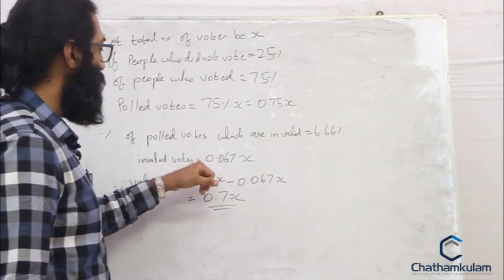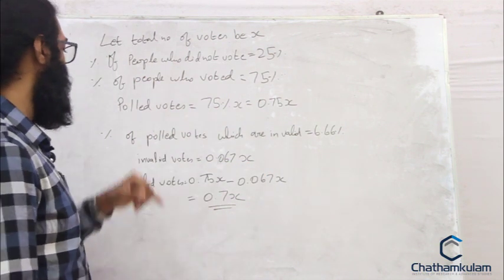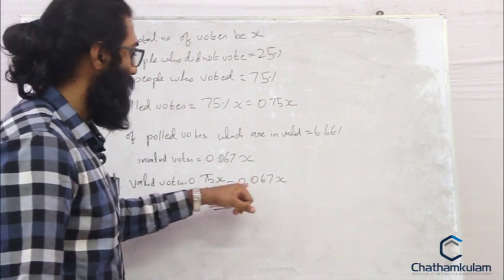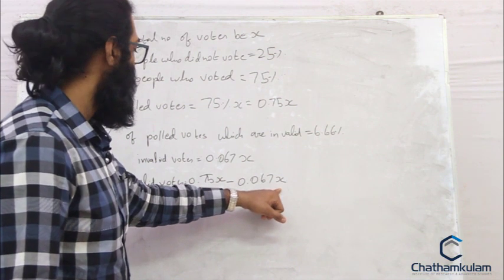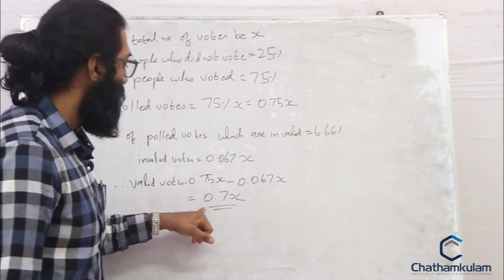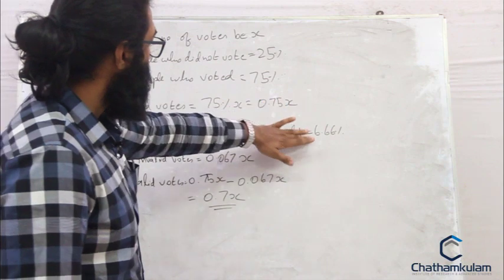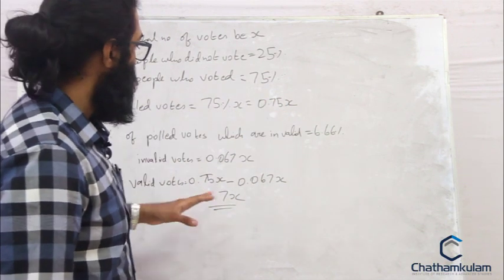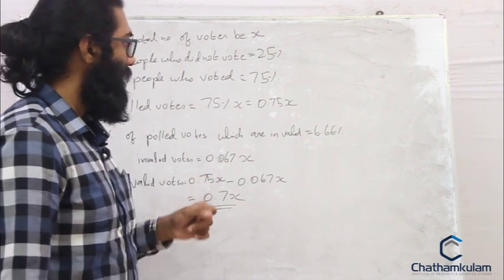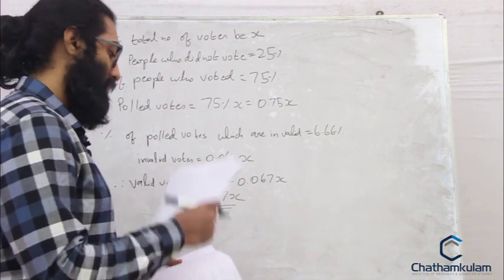Therefore invalid votes equals 0.067x, from the total numbers. Therefore valid votes is equal to 0.75x minus 0.067x, which would be equal to 0.7x. So we subtract this from this, that is 0.75x minus 0.67x.